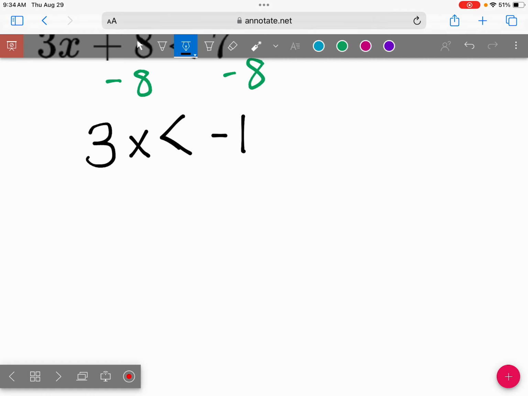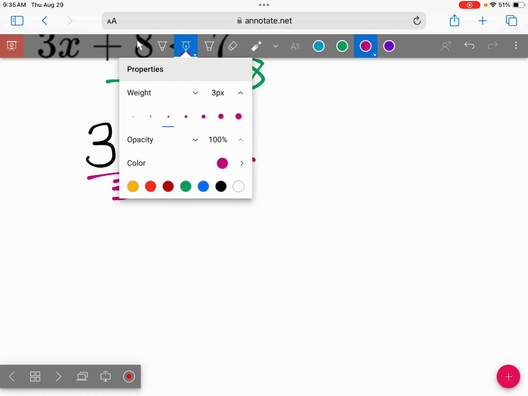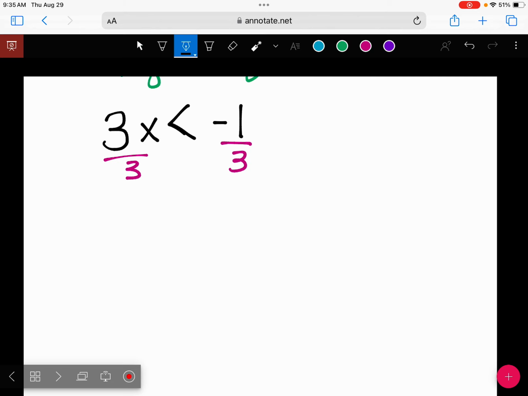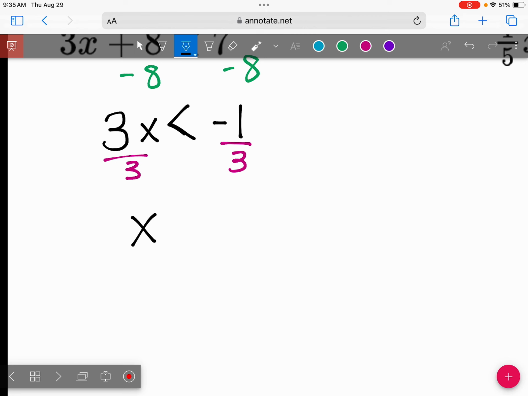Now what can I do to get x by itself? Divide by 3. Do we flip the sign? When do we flip the sign? When you multiply or divide by a negative number. So this one's fine, it's positive. So we're going to have x is less than negative 1/3.